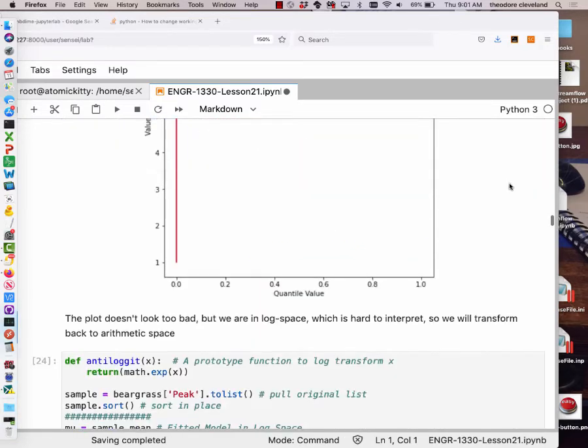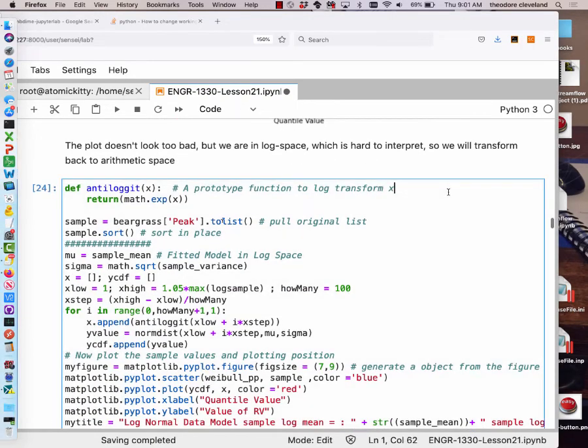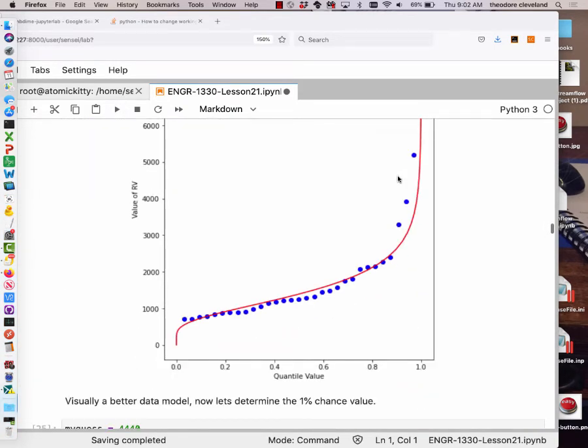Let's put it back into original arithmetic space, and so now we're going to have an anti-log function. She hangs out with Uncle Log, but anti-log, and we will apply that to recover what it looks like in regular space. And there is our log transform data model.